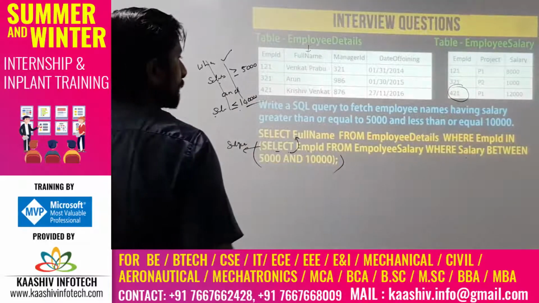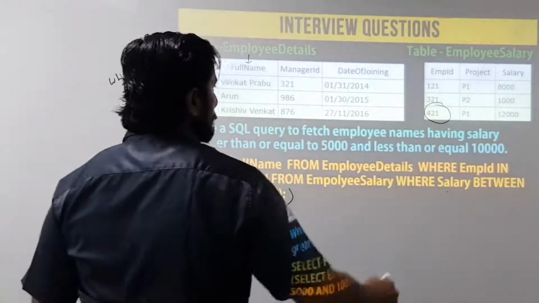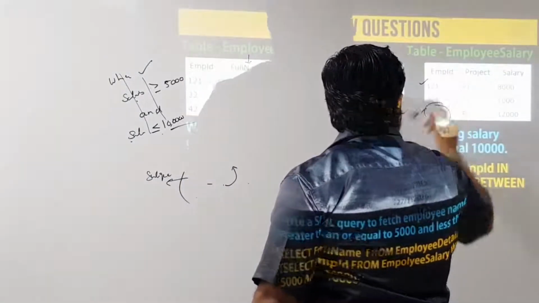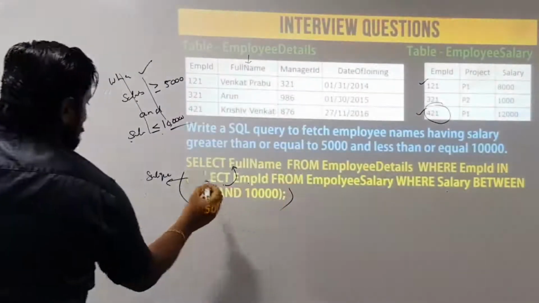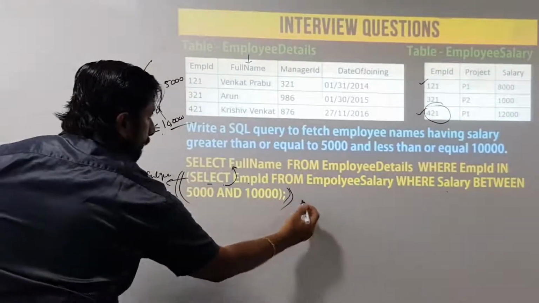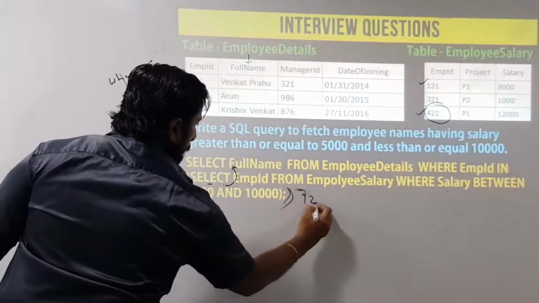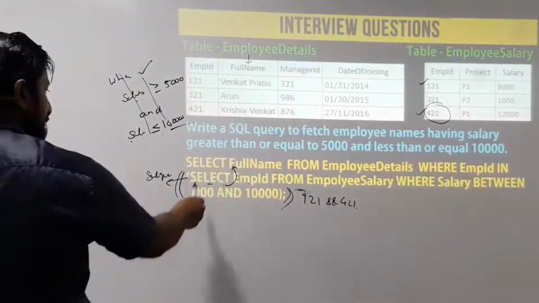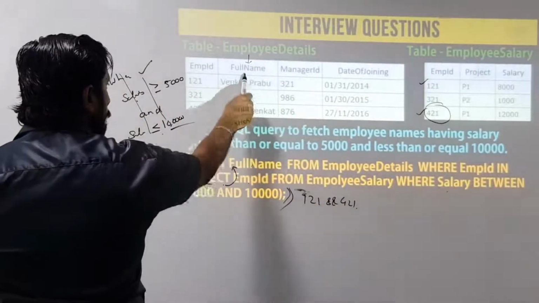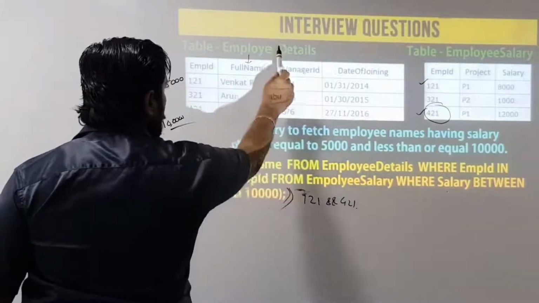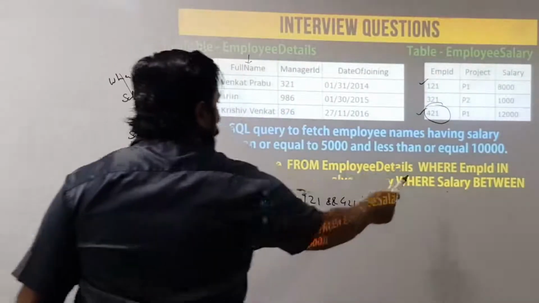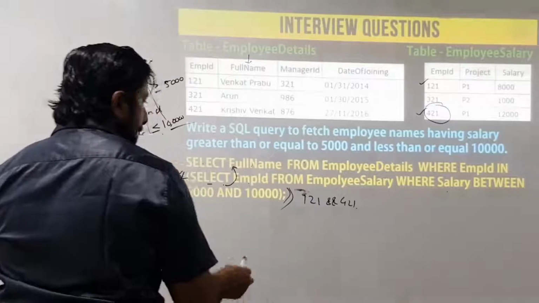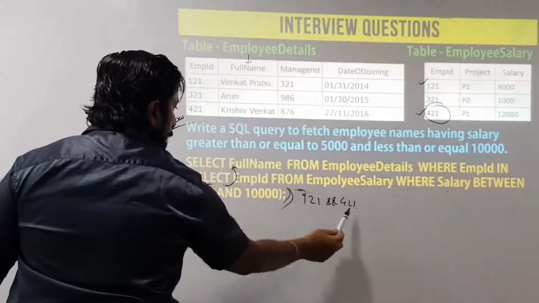So between 5,000 and 10,000 it is 121 and 421. This sub query will return 121 and 421. Okay, select full name from employee details table where employee ID in 121 and 421.